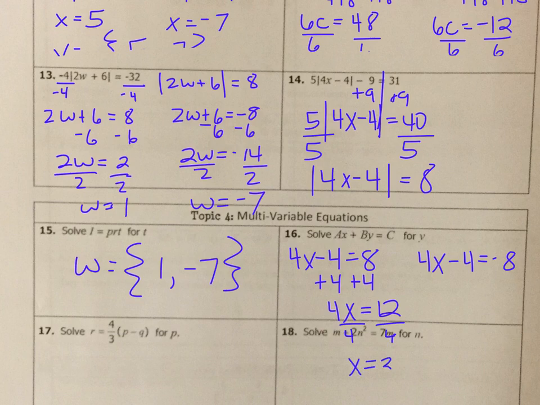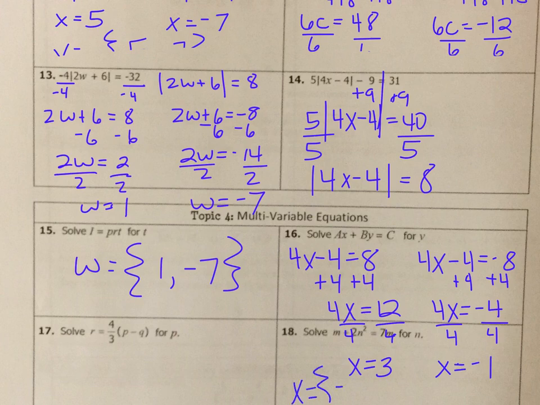So x equals 3 on this side. Add 4. 4x equals negative 4. x equals negative 1. So your answer, x equals negative 1 and 3.